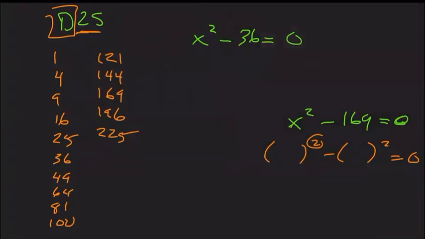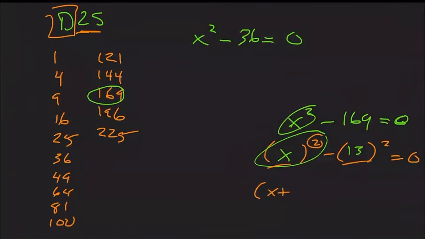And then we just need to plug in here. So the square root of x squared is always going to be x, because x times x is just the same thing as x squared. And then 169, what is 169? Square root of that. What number times itself gives you 169? That's going to be 13. So then from here, if you remember, it becomes the first one plus the second one, x plus 13, and then first one minus the second one.